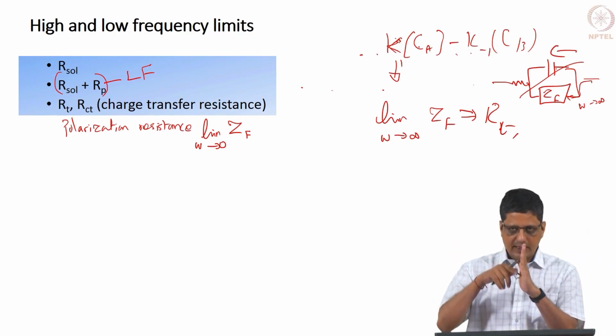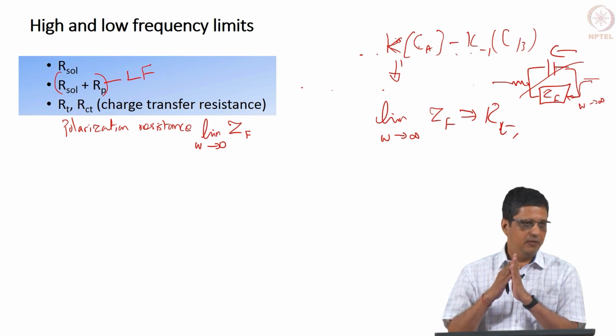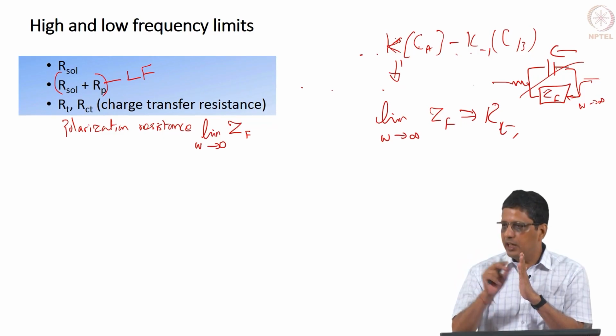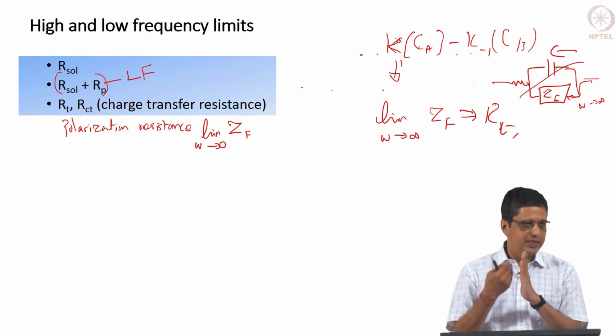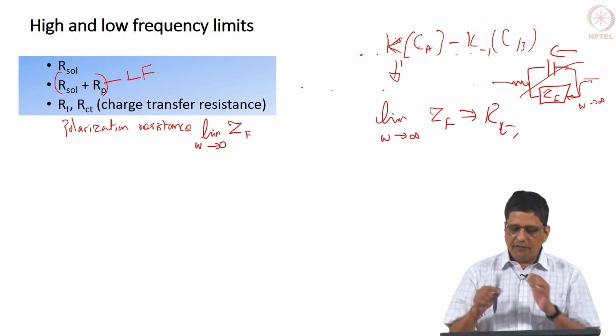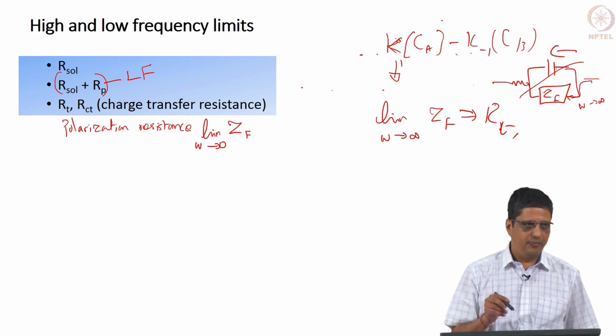If I increase and decrease the potential very fast, for example 100 kilohertz, within 1 second it goes 10 power 5 times. Species will not diffuse in and out that fast, it cannot cope up with this speed, but the rate constant will still go up and down. So, effectively everything else will remain the same, only the rate constant will change.